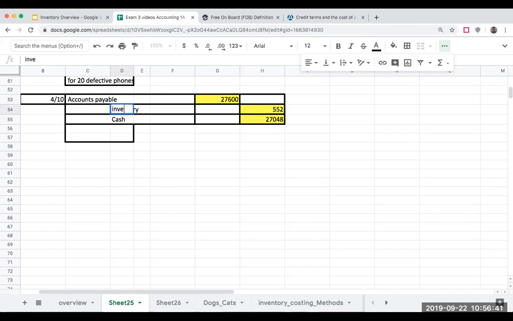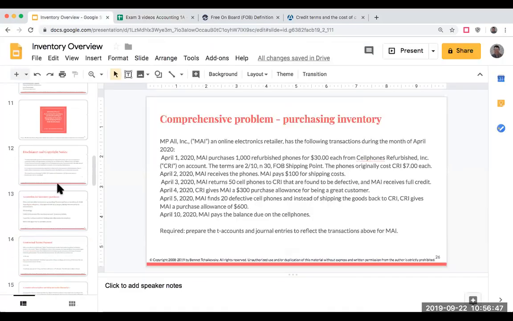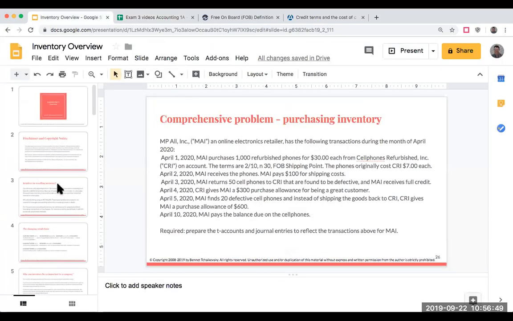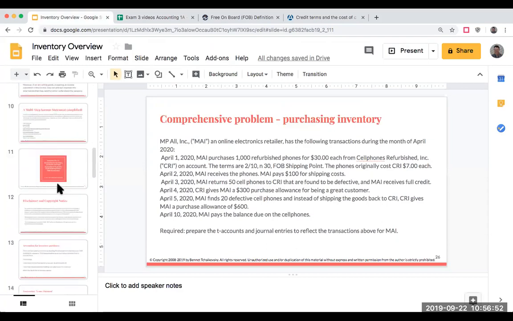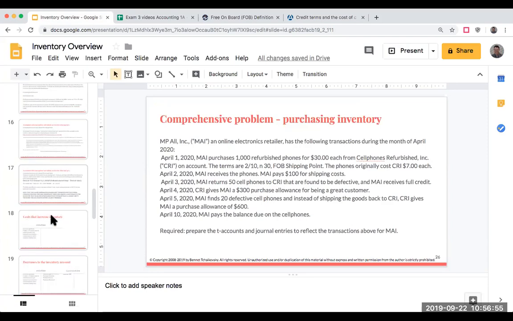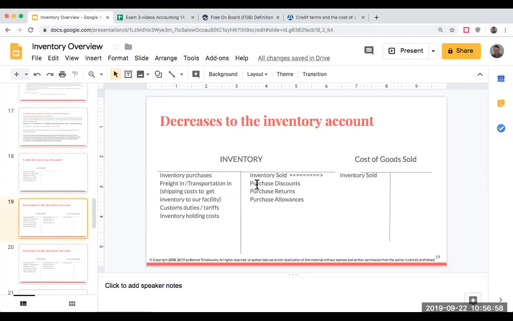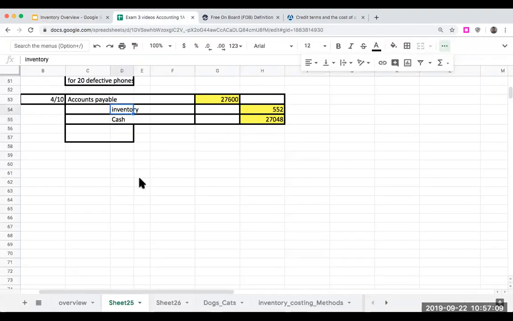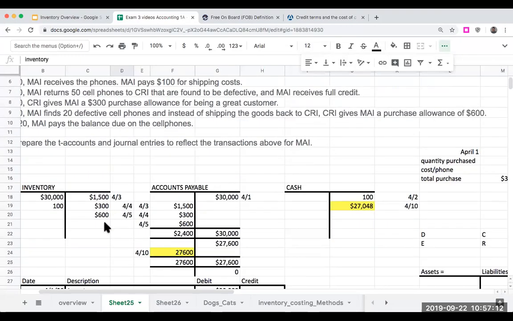And if you go back and look at this presentation, and especially the earlier one where I went through the T accounts, in terms of what increased and what decreased my inventory, purchase discounts, purchase returns, and purchase allowances, those decrease. And so what I'm going to be doing here is showing a credit to inventory for $552 on April 10th. So that's how I go through and record this.